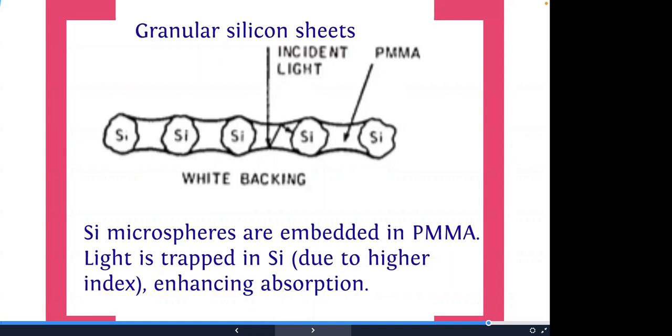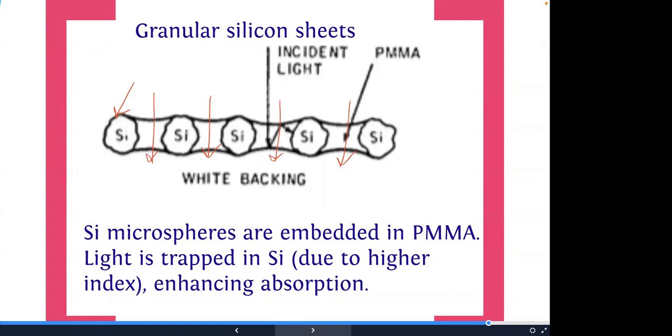Now, what does this mean? This means we have a very, very thin, flexible piece of polymer sheet, like plexiglass, which is embedded with silicon solar cells, very small silicon spheres like that. So they're cheap, cover a small area, but most of it is transparent, right? Light can pass through normally, if you think about it.